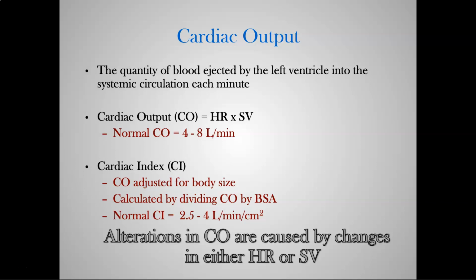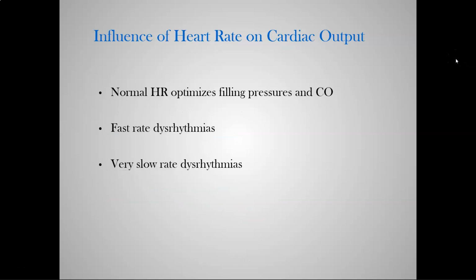Then we have our normal cardiac index range from 2.5 to 4 liters per minute per meter squared. So you guys really got to know this stuff. Make sure you're aware of your ranges. I will never ask you to calculate a cardiac output because I think you just should know that. But you definitely need to know 4 to 8 for cardiac output, 2.5 to 4 for cardiac index.